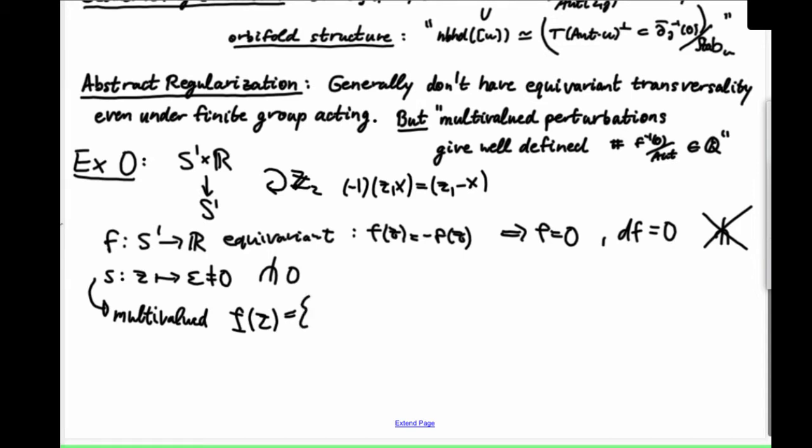For example, in this case, I can take this section and I can move it around by my action. So I'm going to take s of z and minus s of z. Each one of these is transverse, so you'd call this also to be transverse. And now it is Z2 equivariant because, as a set, this is invariant under multiplication with -1.